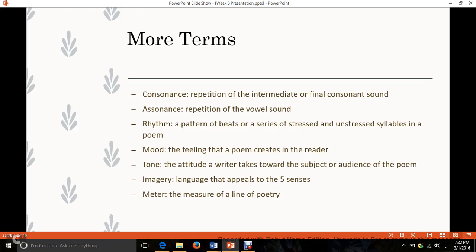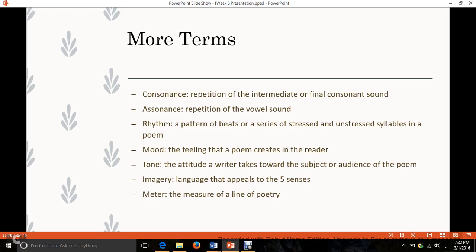It could be Connecticut, flit, float, and carrot. Okay, so they don't have any rhyming going on. There's not a lot of alliteration going on, but the ends of the words all have that T sound, and that would be consonance.